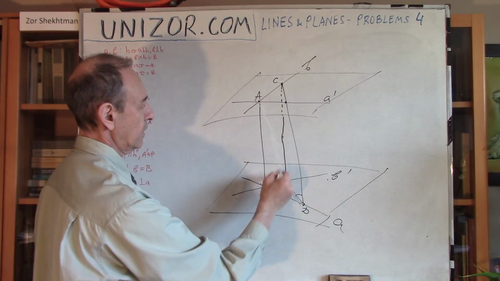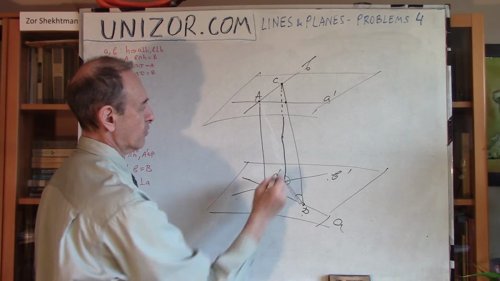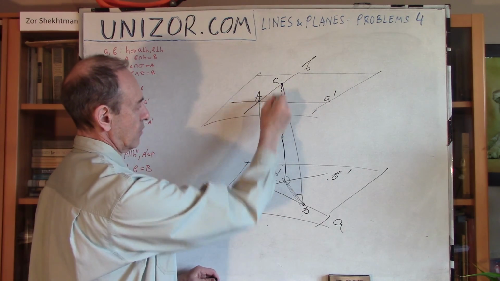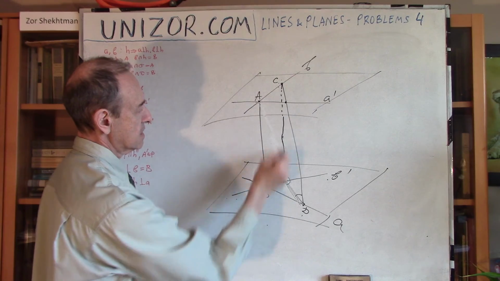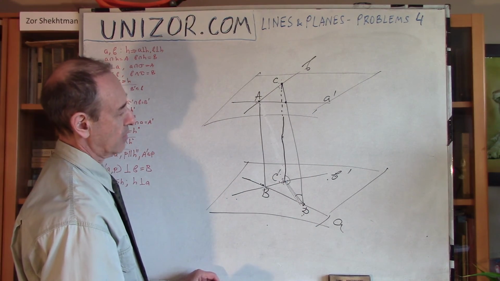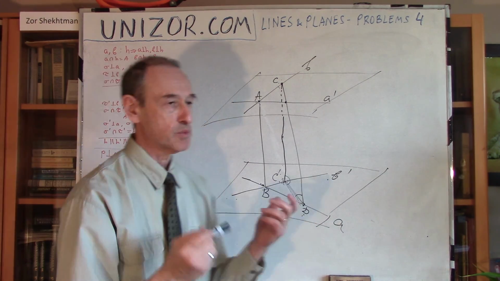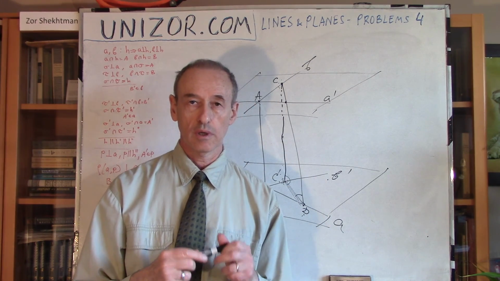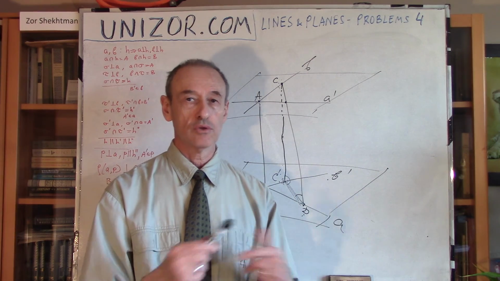And within this plane, defined by C, let's call it C prime, and D, I will have within that plane two different perpendiculars, C prime and CD, to the same line C prime D, which is impossible. So that proves that we can only have one perpendicular to skew lines, to lines which are non-parallel and non-intersecting.